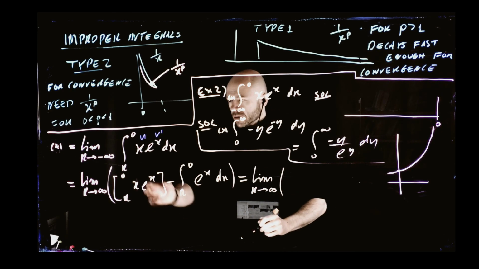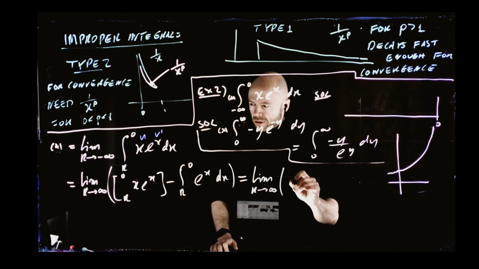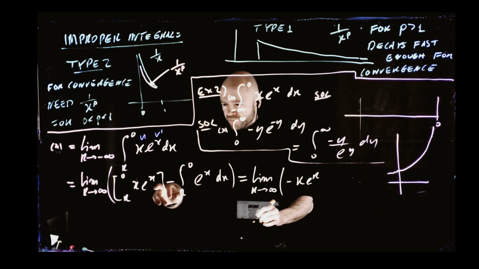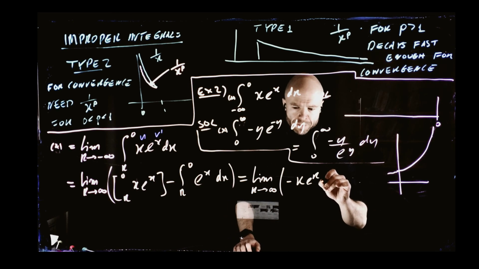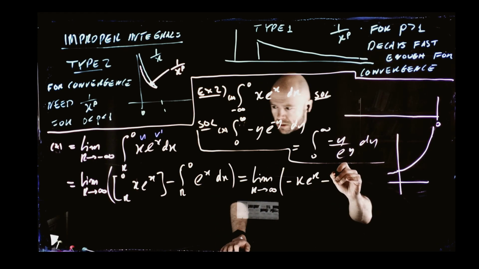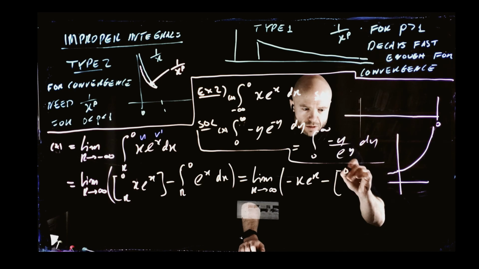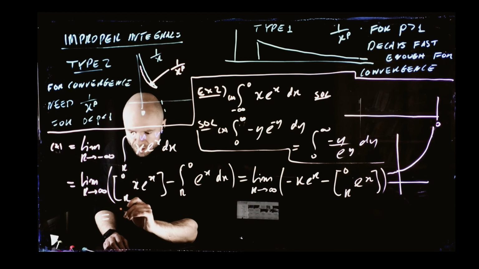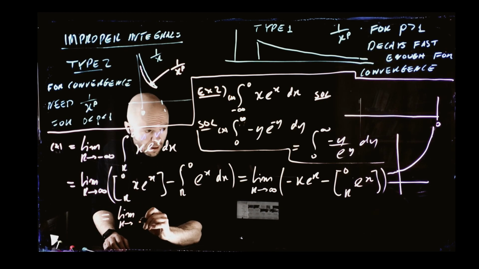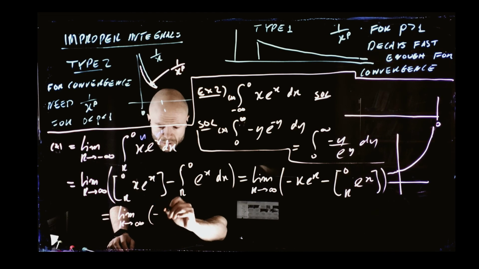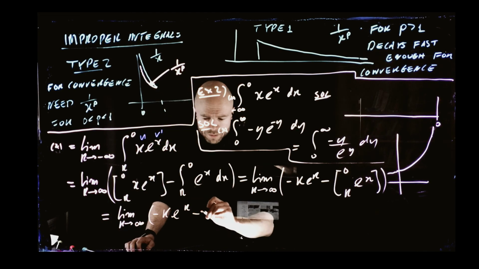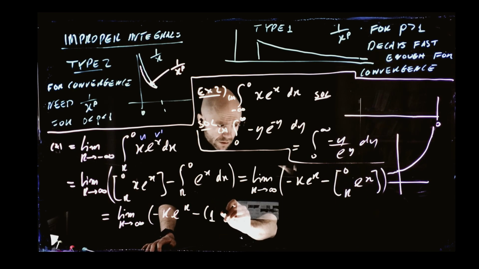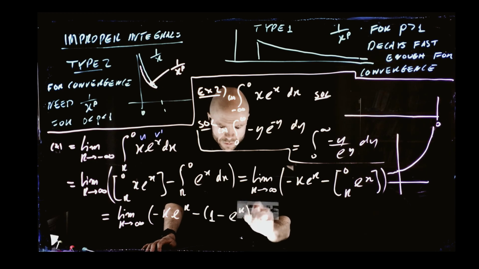And what do we have? So sticking 0 into this, we're just going to get 0. So we're just going to have minus r e to the r from this part right here. Yeah. And then what's this thing? This is, let's put the antiderivative here, 0 to r of e to the x. So this is the limit as r goes to negative infinity, minus r e to the r, minus, put 0 inside this, we're going to get 1, and then we put r into this, like this.